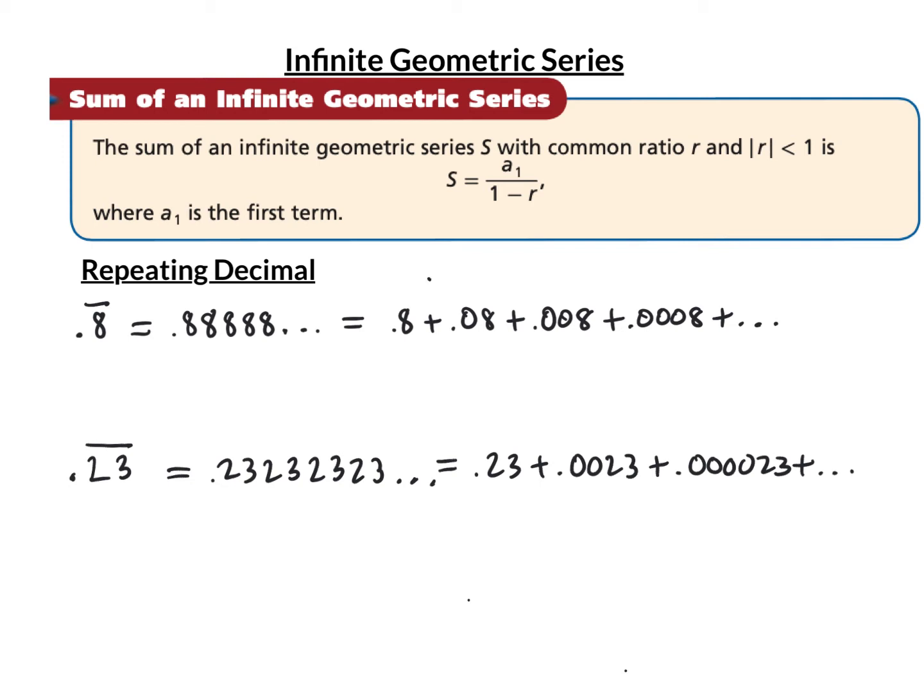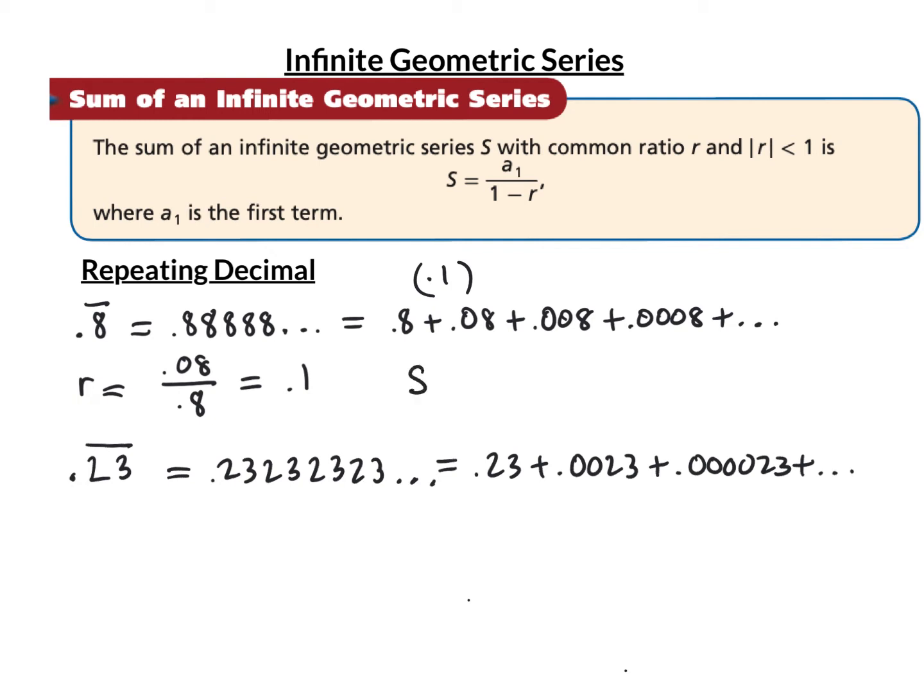Notice we're multiplying by 0.1, but reminder, we could find the common ratio by taking the current, 0.08, divided by the previous 0.8, and that is 0.1. Since the absolute value of r is less than 1, this converges on some number.